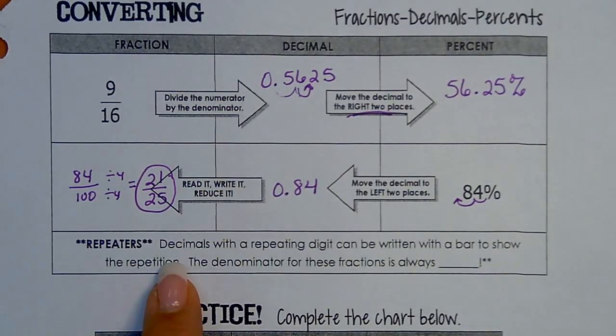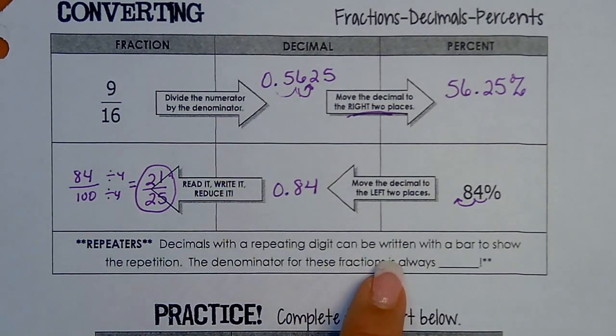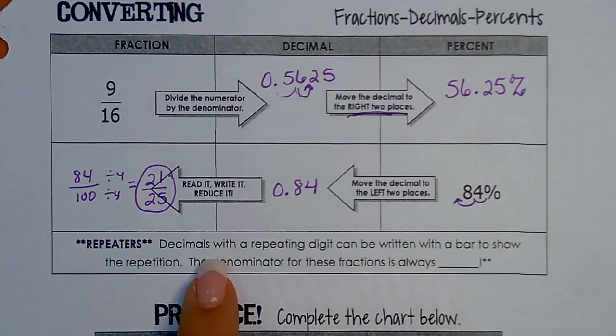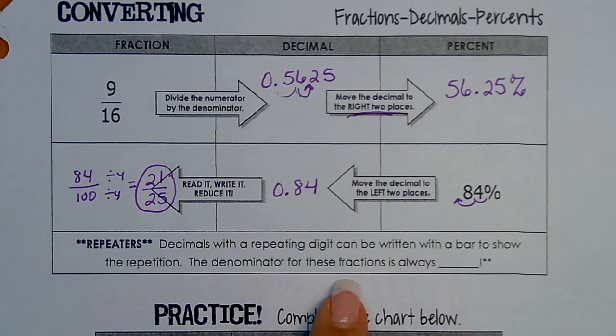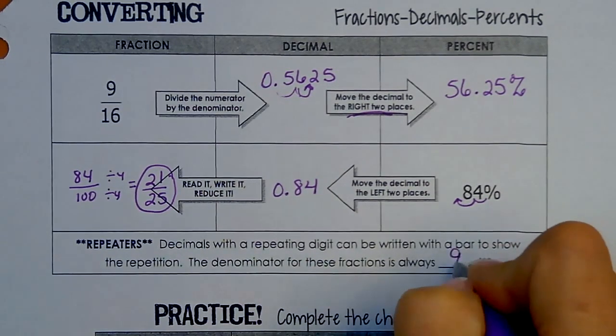All right, repeaters. Decimals with a repeating digit can be written with a bar to show their repetition. The denominator for these fractions is always 9.